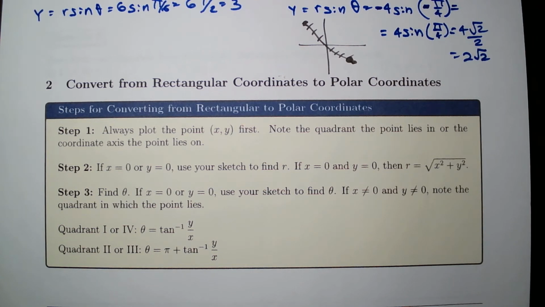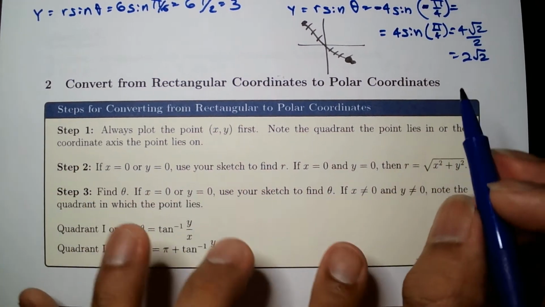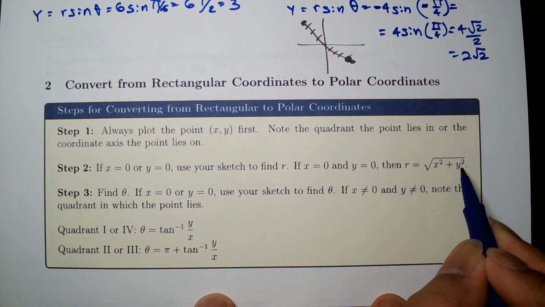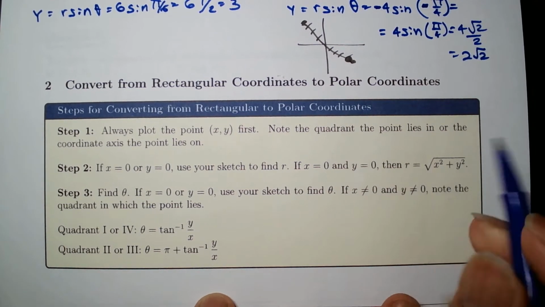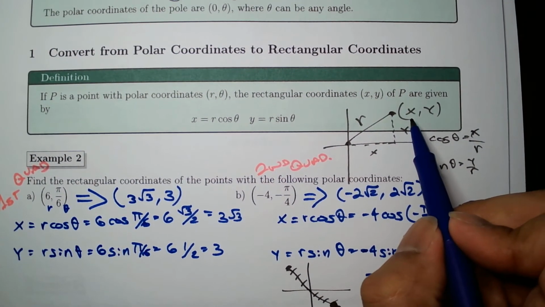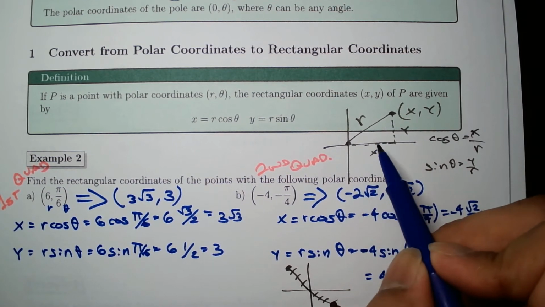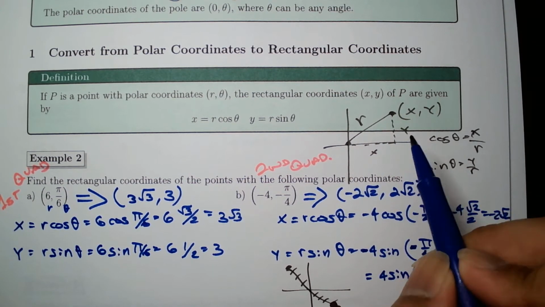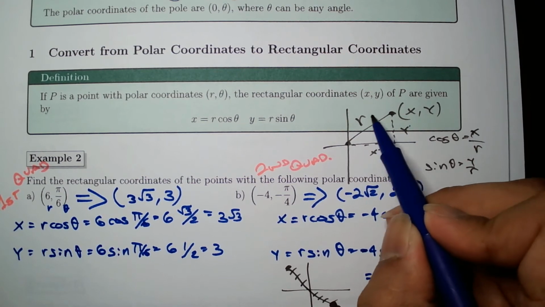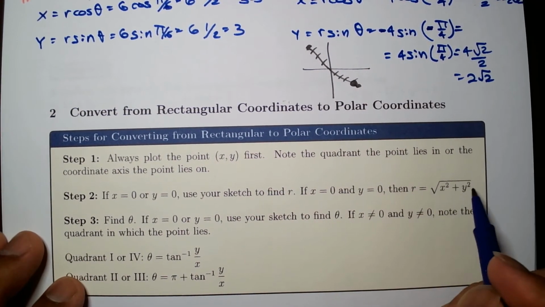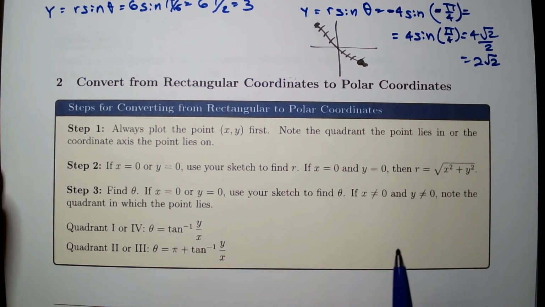To find the radius, use the formula r equals the square root of x squared plus y squared, because we want to find the radius using basically the Pythagorean theorem, x squared plus y squared equals r squared. And then r equals the square root of the sum of the squares of x and y.